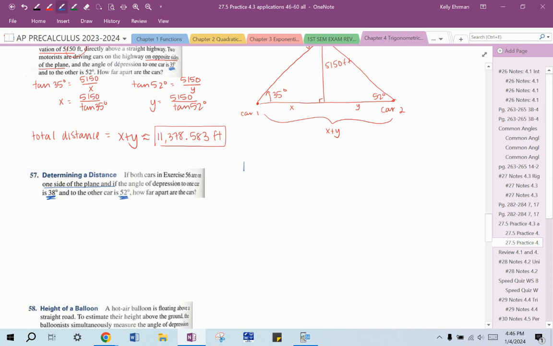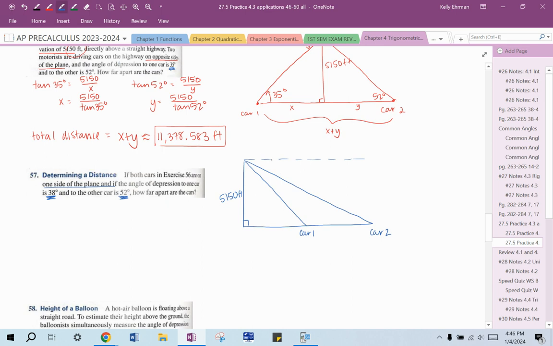Now the plane is, I'm going to put it over here. Now the plane is on one side and the two cars are on the same side of that plane. So one car could be here, for example, and the other car could be out here. And we have angles of depression again. So now here it does kind of matter which one you put where.